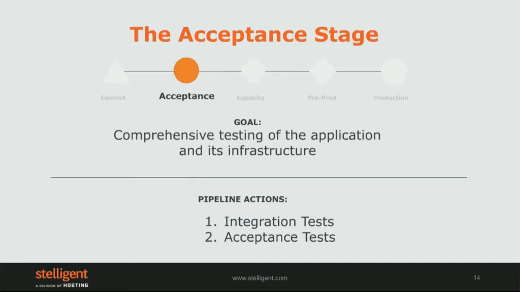So the next stage, once we've analyzed the code in just a few seconds, we've given answers back, and everything is green, is called the acceptance stage. The acceptance stage is where we actually do testing on the application itself and whatever infrastructure is necessary to support that application. When I talk about the infrastructure associated with the application, we're not talking about the full-blown production environment. That's going to take much longer to spin up.